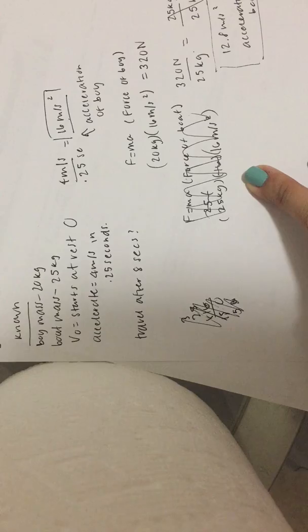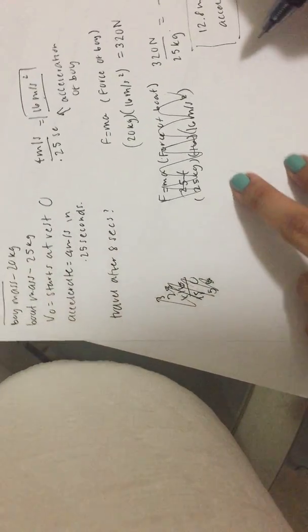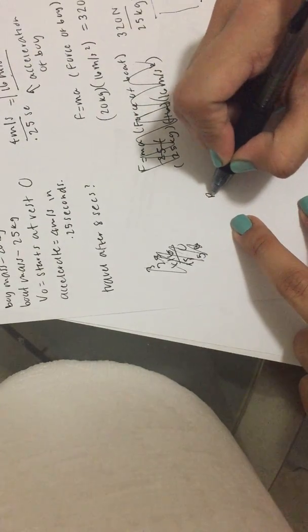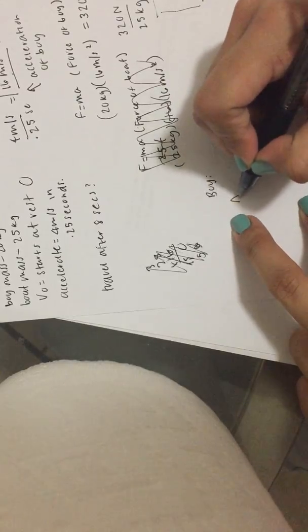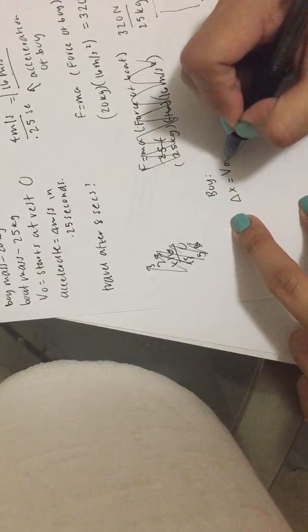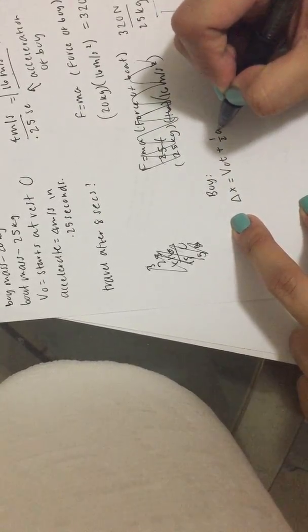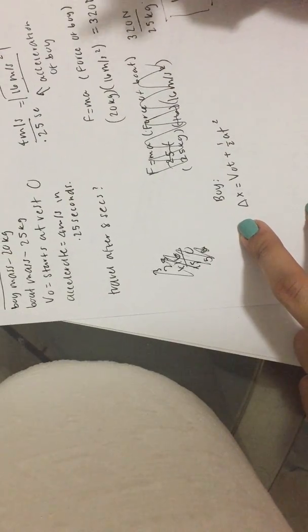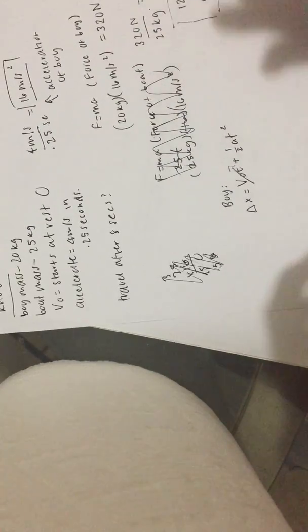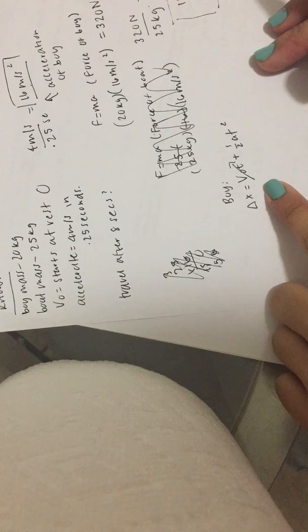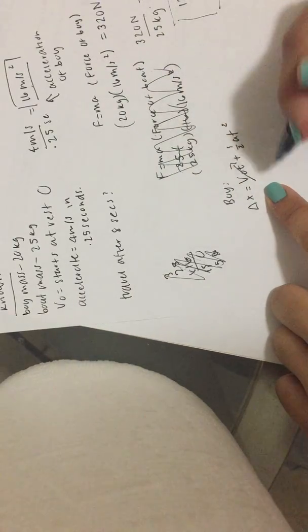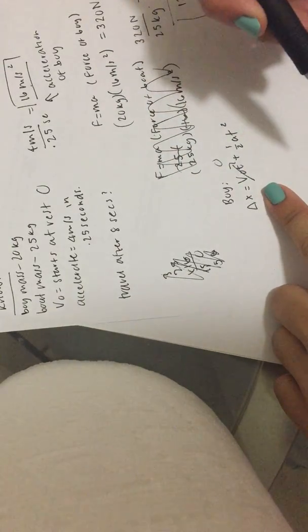Okay. So then you would use the equation delta x equals v naught t plus 1/2 a t squared. Your v naught will be 0 because he starts at rest.